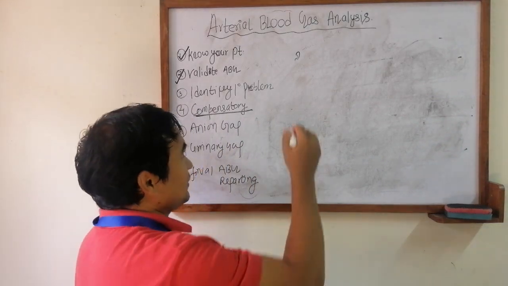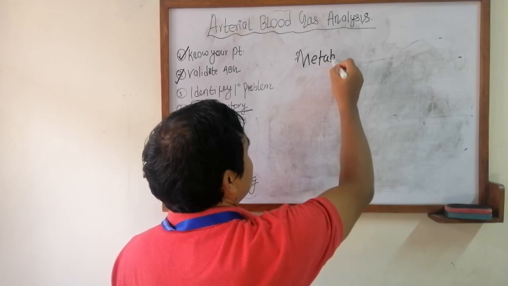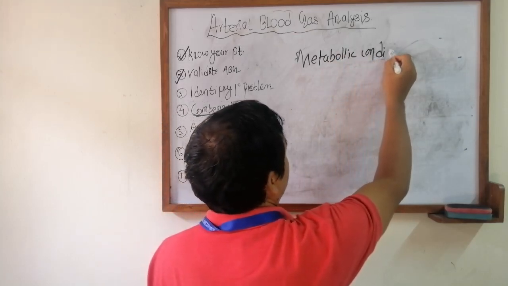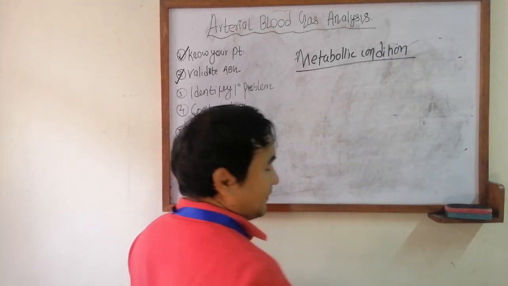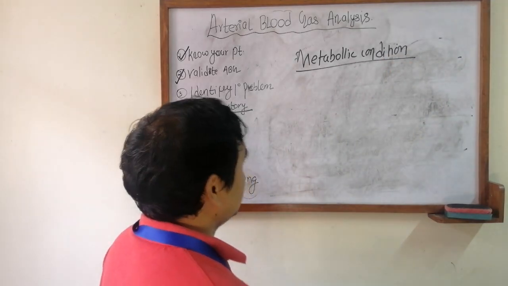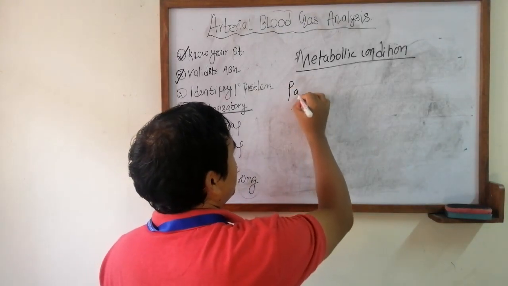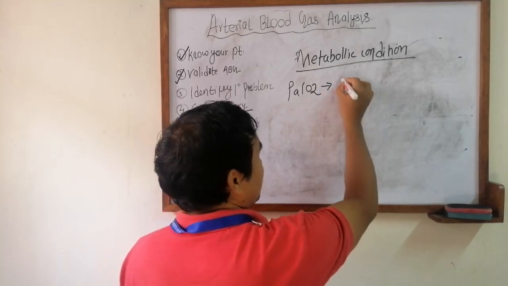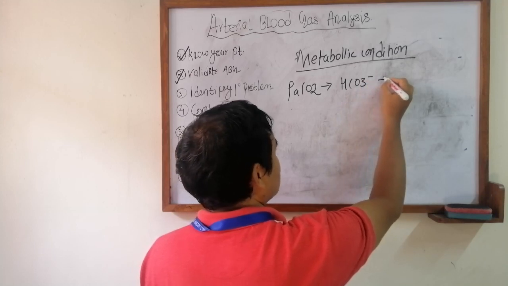And for the metabolic conditions, I will give a very simple formula. What is the expected PaCO2 level? The expected PaCO2 level is bicarbonate concentration plus 15.